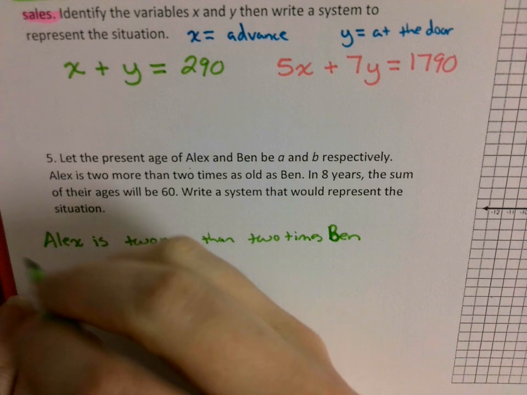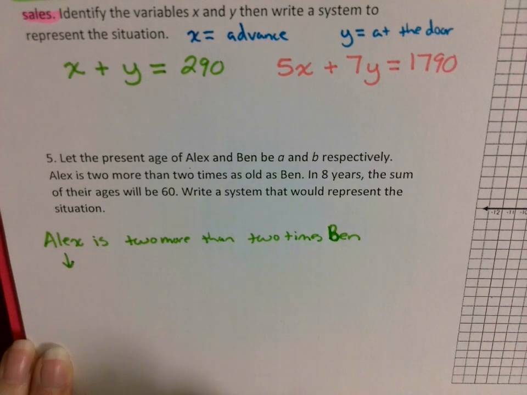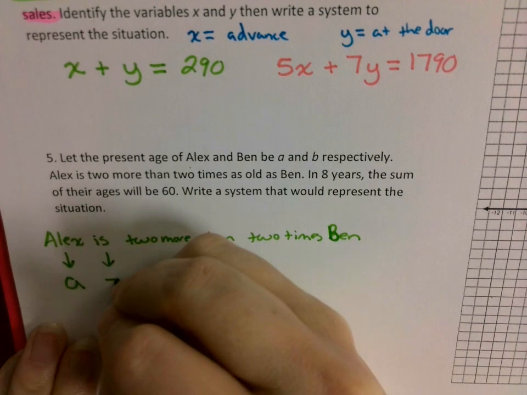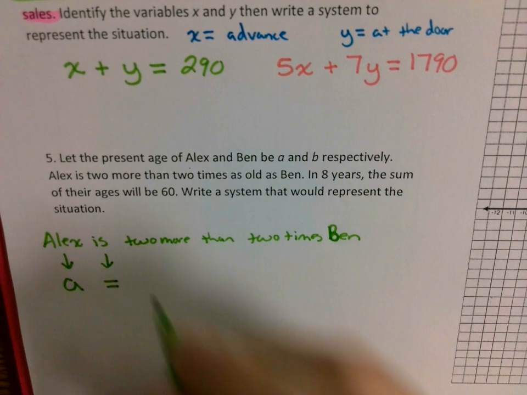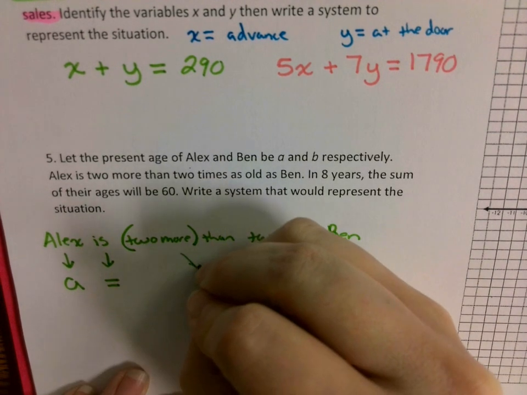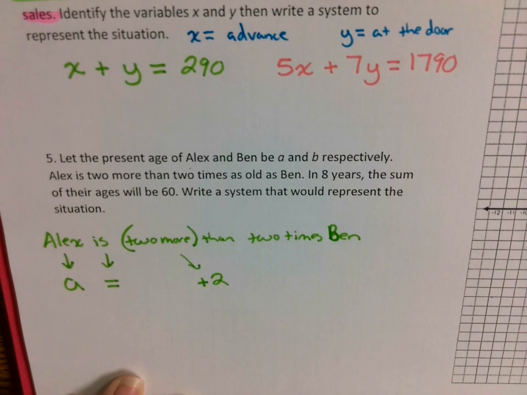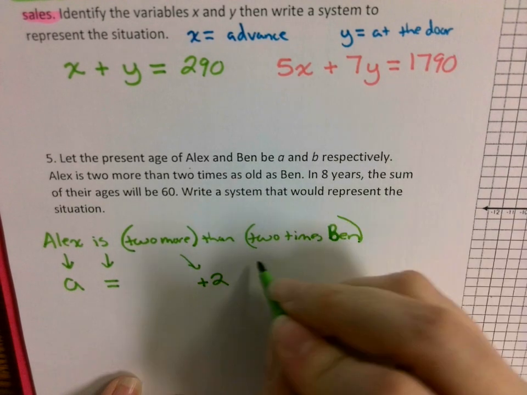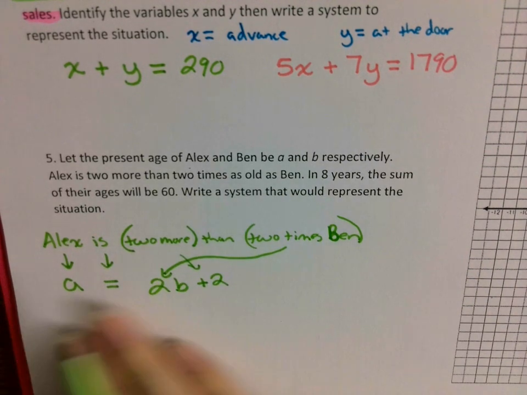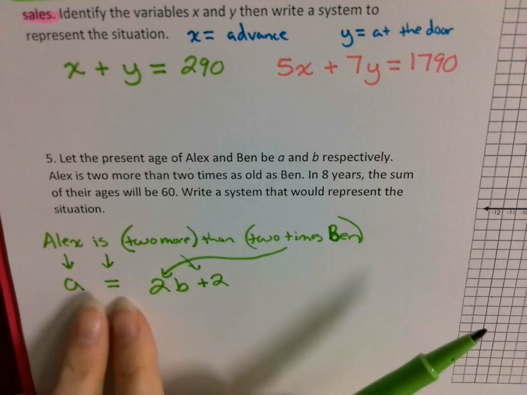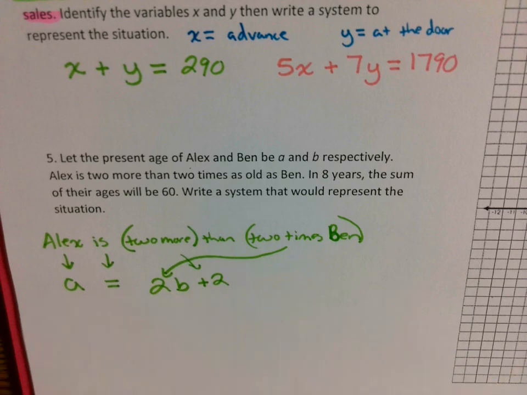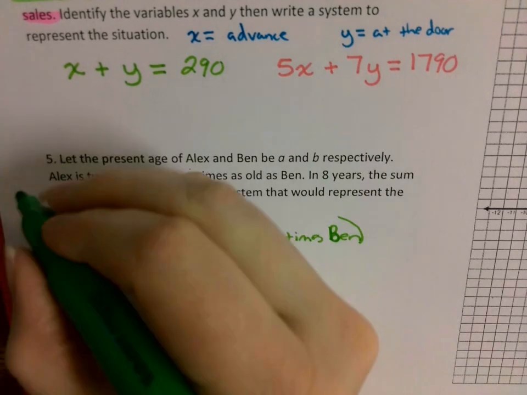Alex is the variable A. Is an equal sign. 2 more than means I'm going to do plus 2. And then 2 times Ben means I'm going to do 2B. So there's my equation for Alex is 2 more than 2 times Ben's age. I'll highlight that statement right here.